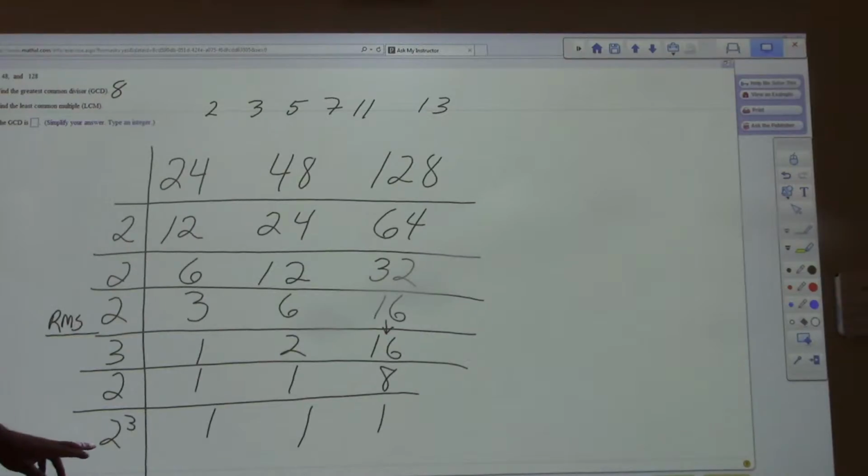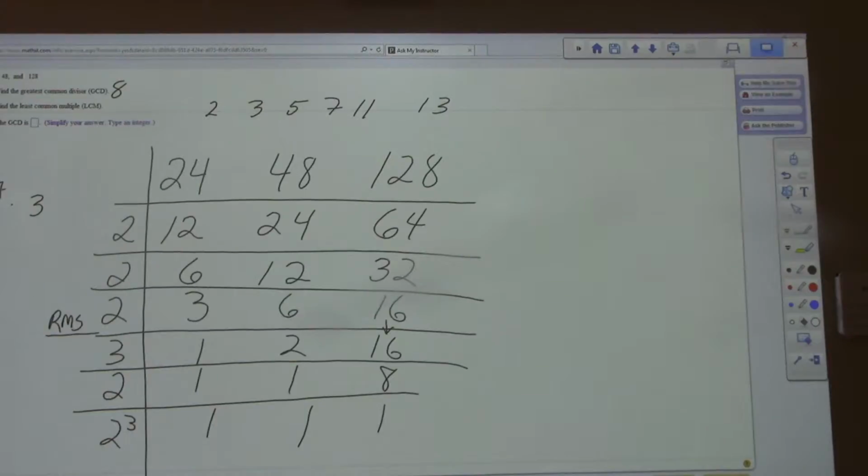So 2 to the third, that's 4th, 5th, 6th, 7th. 2 to the 7th times 3. Now this one is doable because 2 to the 5th is 32, so 2 to the 6th is 64, and 2 to the 7th is 128.